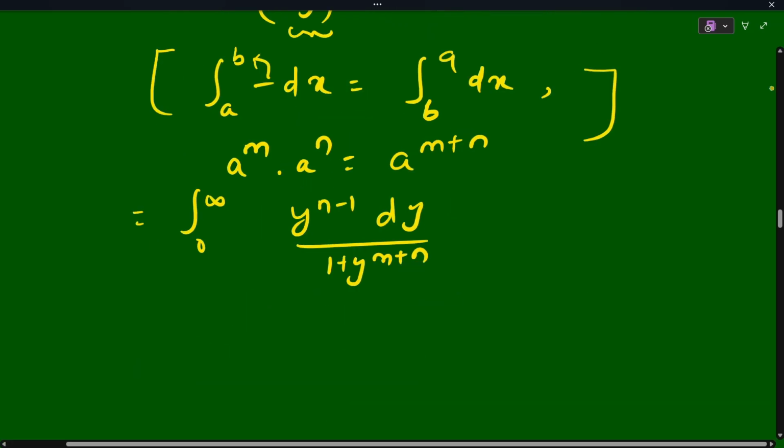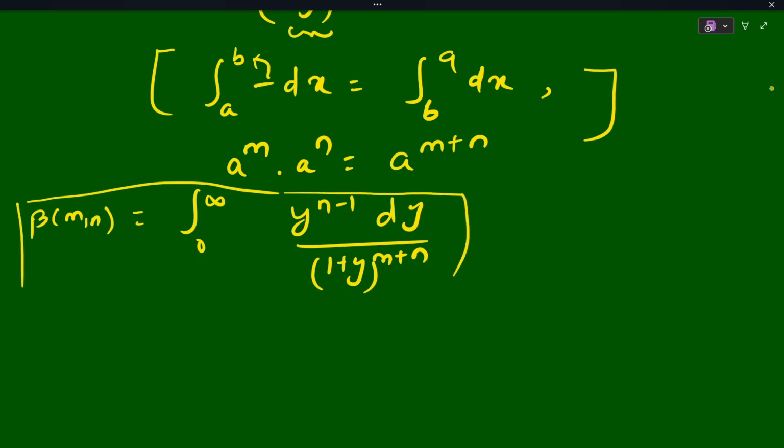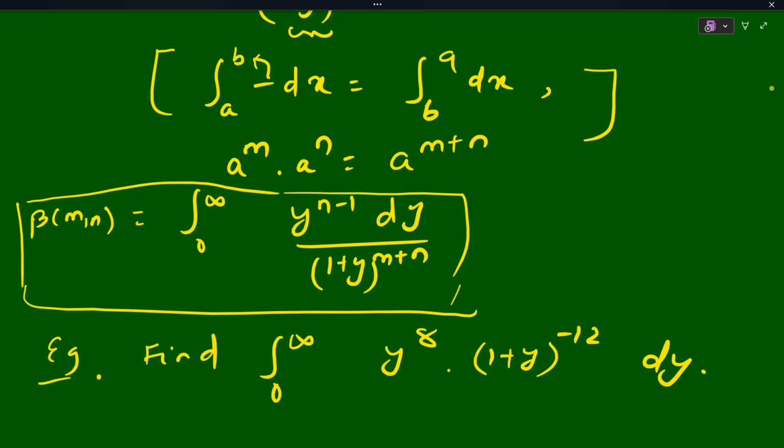So this is the next type of integral formula for beta mn. Okay, so the question will come accordingly. Suppose the question asks about this function from 0 to infinity. See, there are no e terms here, so it is not a gamma function integration.